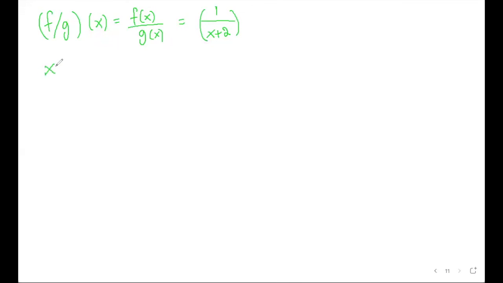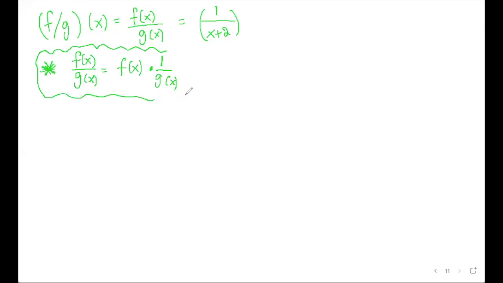By the way, let me remind you, f of x over g of x is equal to f of x times 1 over g of x. So f of x stays the same, and we multiply by the reciprocal of the second function.